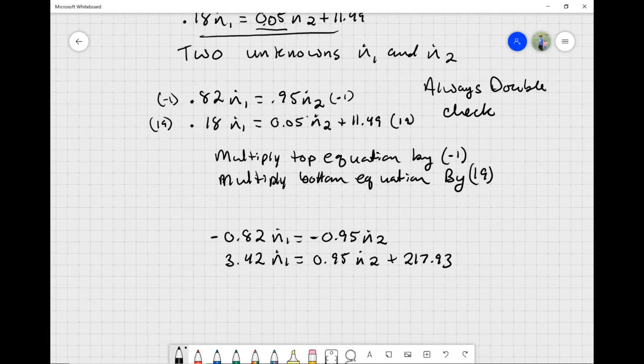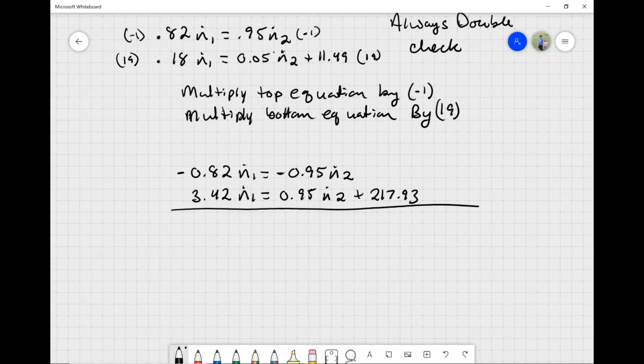And so I'm going to add them together. So if I add them together, I get a new equation. And so this new equation, negative 0.82, I'm just going to add them together.